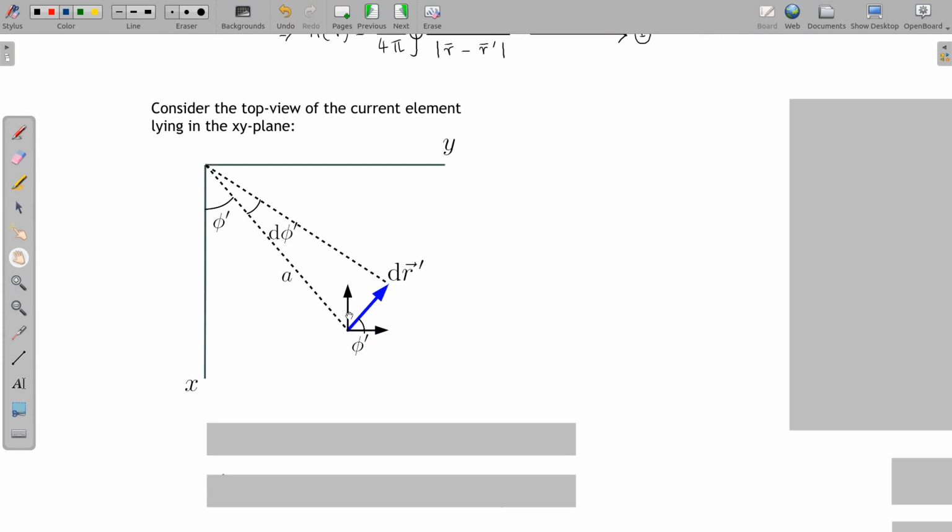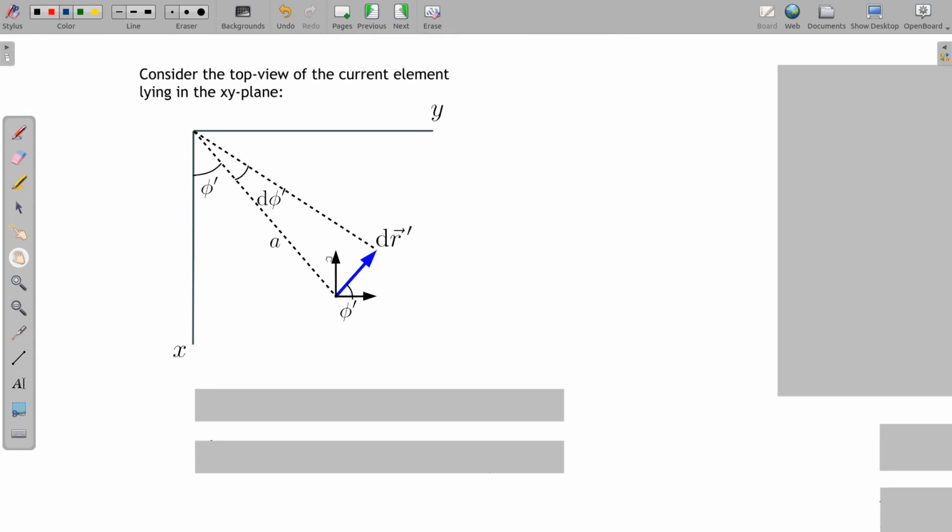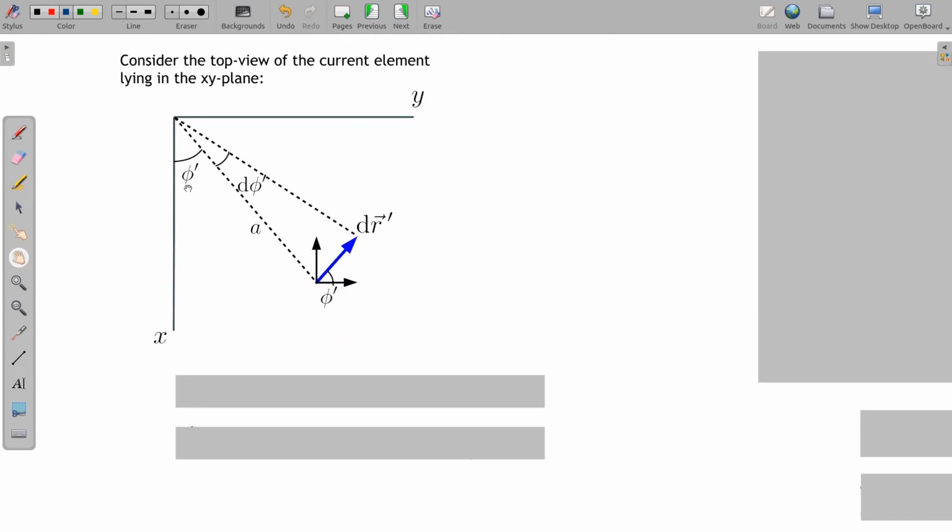So here it is of course heavily exaggerated. D phi prime cannot be so big, okay. So it's just for the sake of our visualization. So if this angle is phi prime, using the geometry of this, we can show that this angle is also phi prime, okay, and this distance is a, okay. So now we have this modulus of dr prime, which is nothing but this length, this is the arc length, that is equal to radius times the angle.